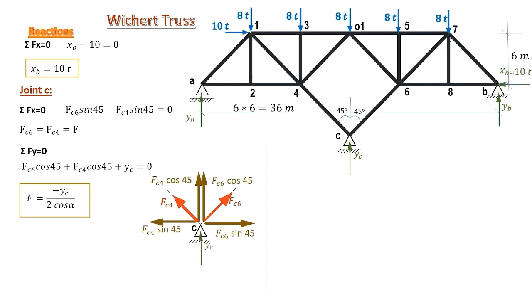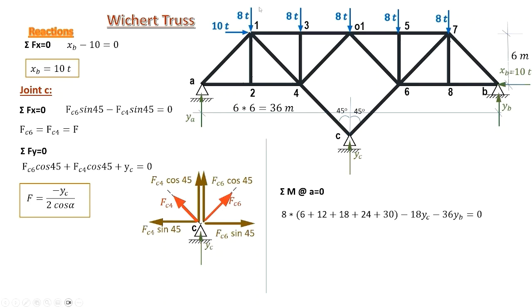We proceed then, taking sigma moments about A for the Wichert truss, we will get a relation between the two reactions YC and YB. Here we are.